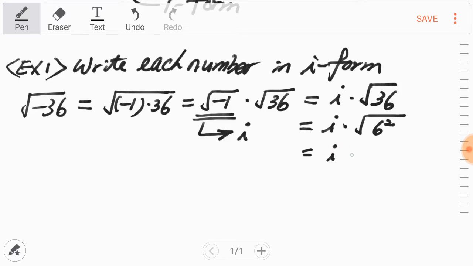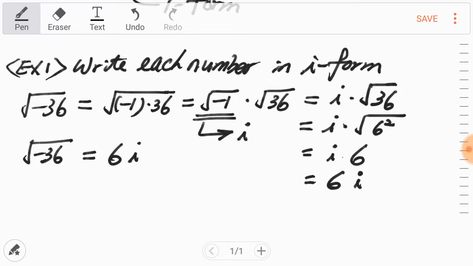Then this is equal to i times 6. And then using the commutative property, we can switch i and 6. So i times 6, we usually write the imaginary unit at the end of the number. So here the square root of negative 36 is equal to 6i.